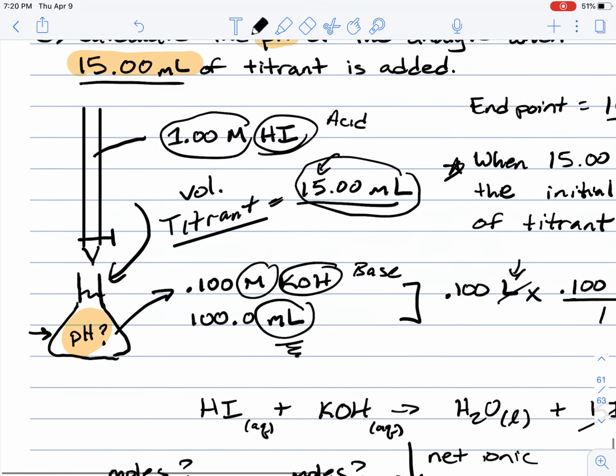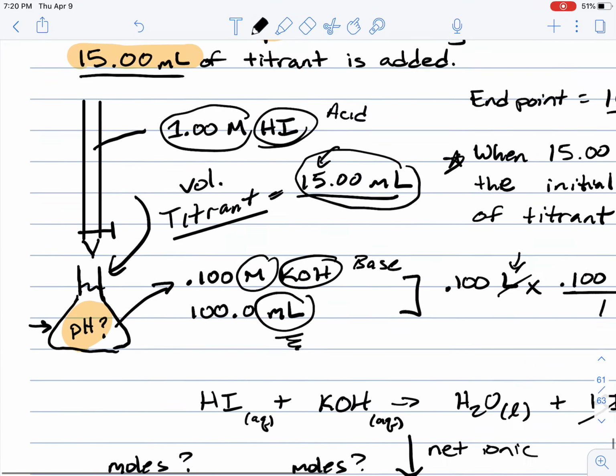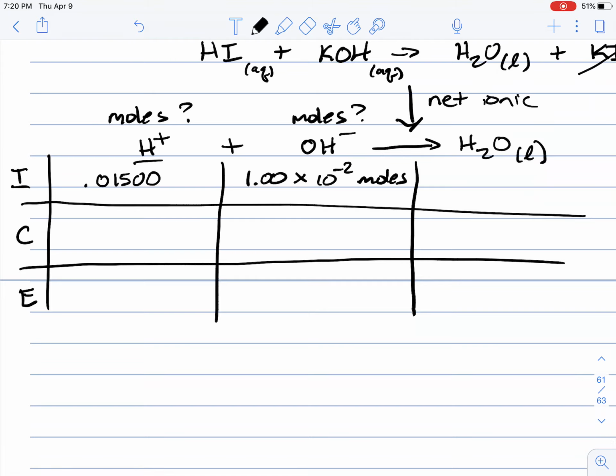How many zeros do I have? 2 zeros. So this is the number of moles. Now, if I express it so that the magnitudes are the same, I'm going to do 1, 2.